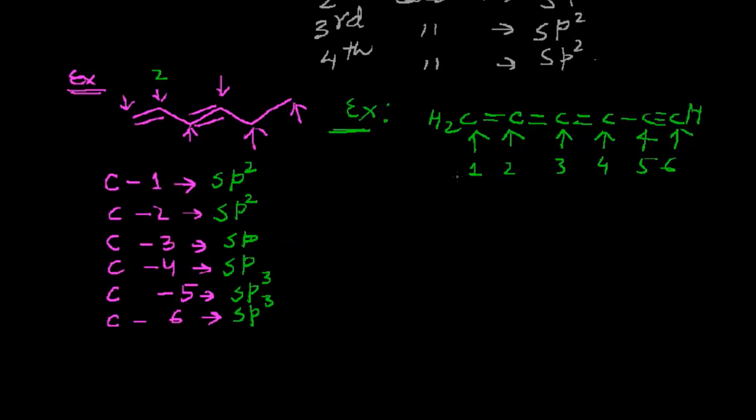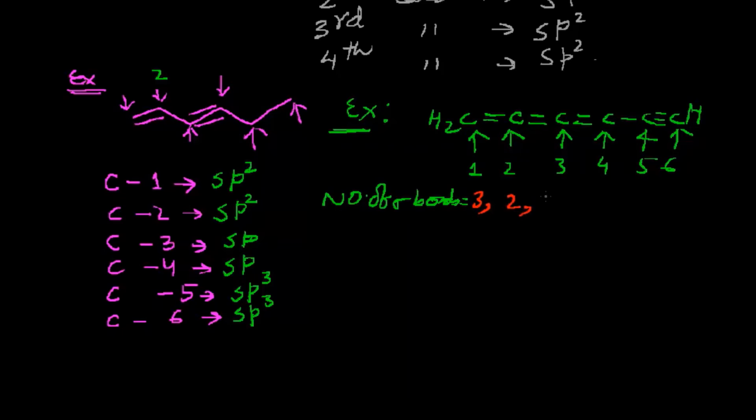So again, if I have to find out the hybridization of each carbon, so we can easily see here how many sigma bonds are attached to the first carbon, so we can count it like this: number of sigma bonds equal to, in very first case we can see here it is 2 plus 1, 3. In second it has only 2 sigma bonds.